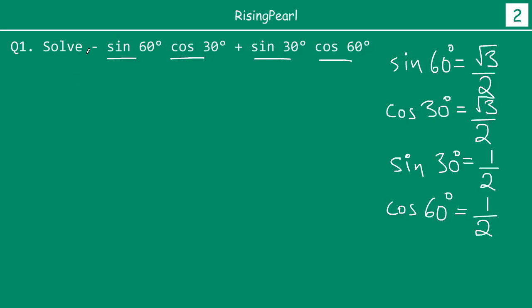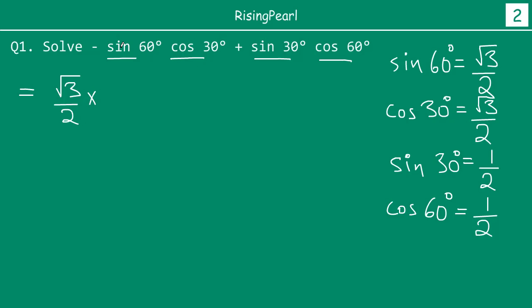So here when the question is asking us to solve this, so what we would like to do is, instead of sine 60 degrees we are going to plug the value in. So this will be square root 3 by 2 multiply by cos 30 degrees.